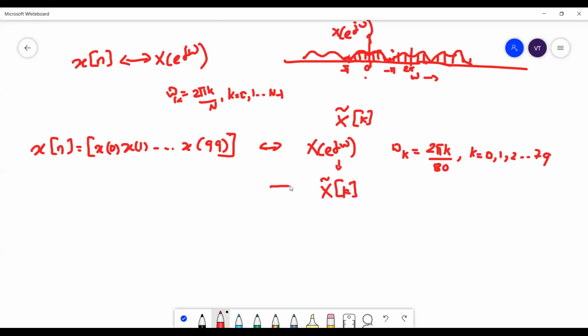And now there will be some X tilde of n, which is the inverse DFS of X tilde of k. But now see that this X tilde of n is the sequence.